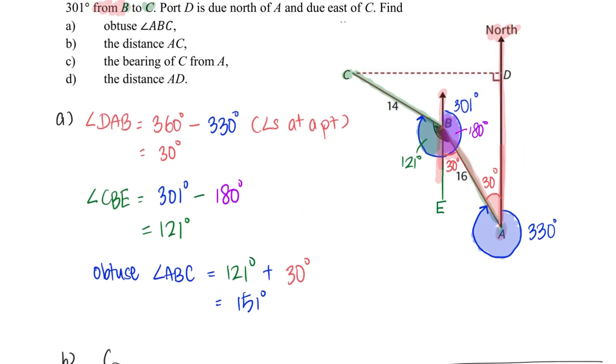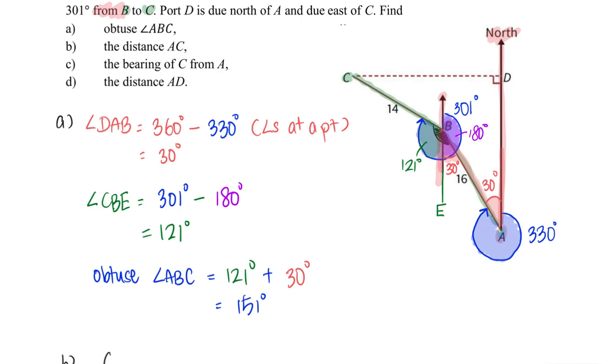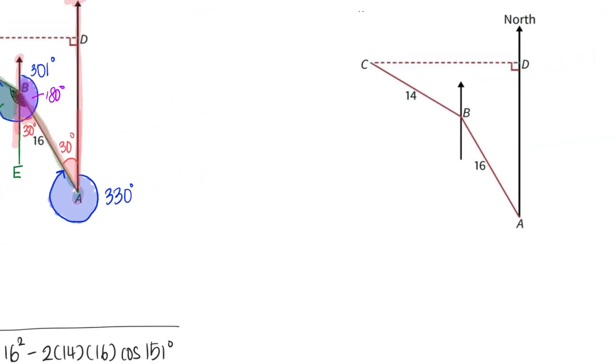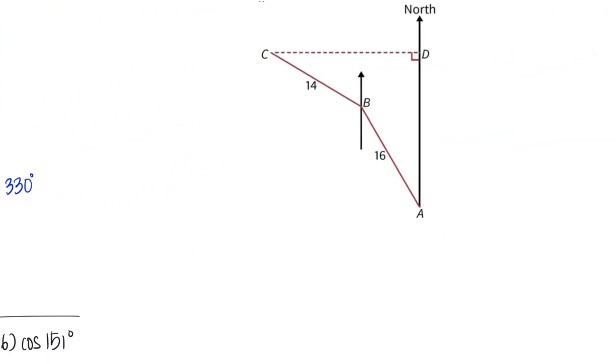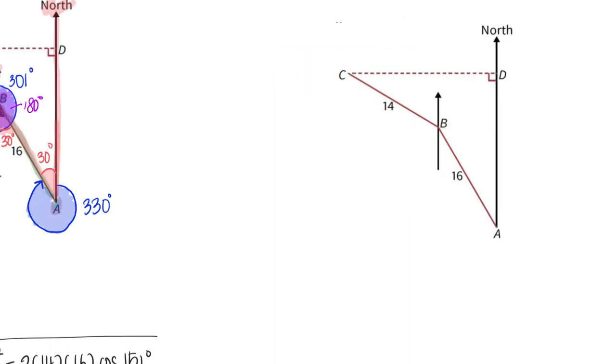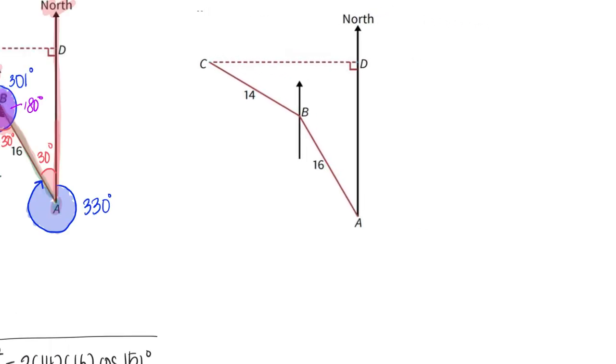Part C. Bearing of C from A. So I'm going to pull out this diagram here. And for my part C, let's go back to this diagram again. Bearing of C from A. So from A means that the north arrow is here. And of course, I do need to draw the ending line AC.